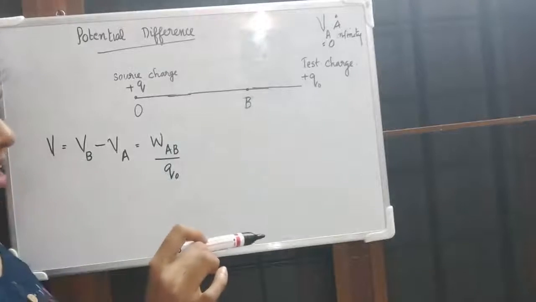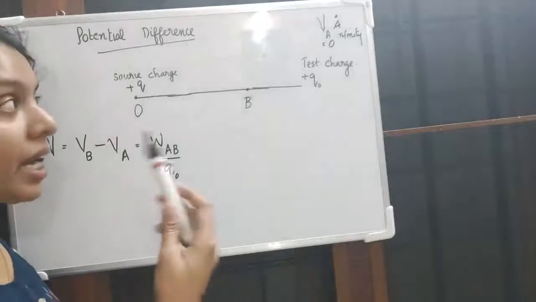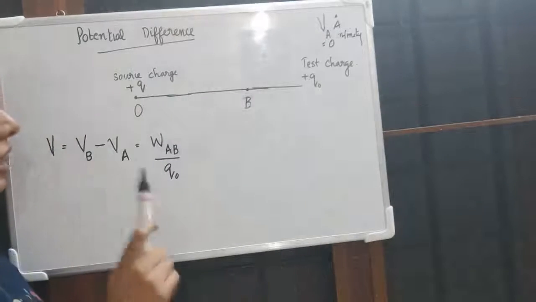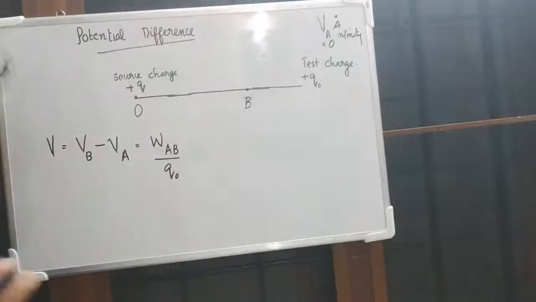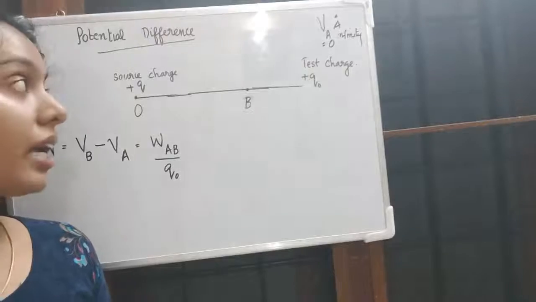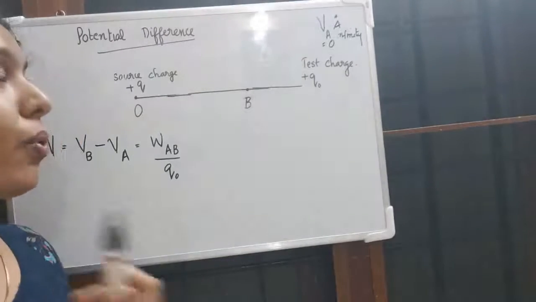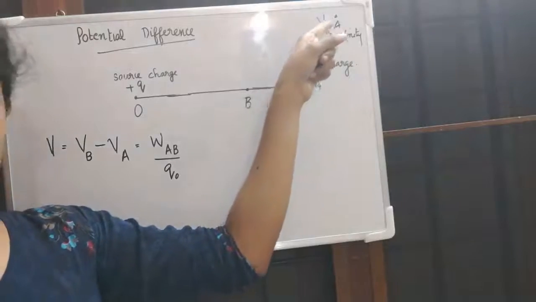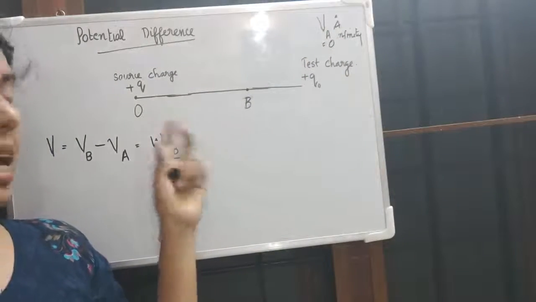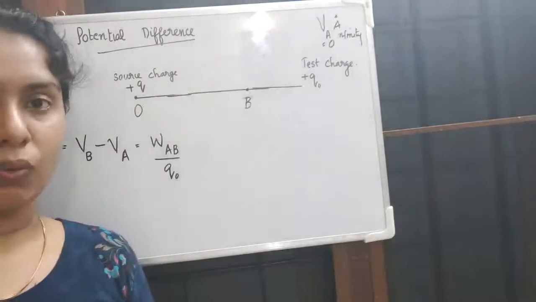In this case, when the point A lies at infinity, we can define potential again as the work done in moving a charge from a point at infinity to that point against the electrostatic force.